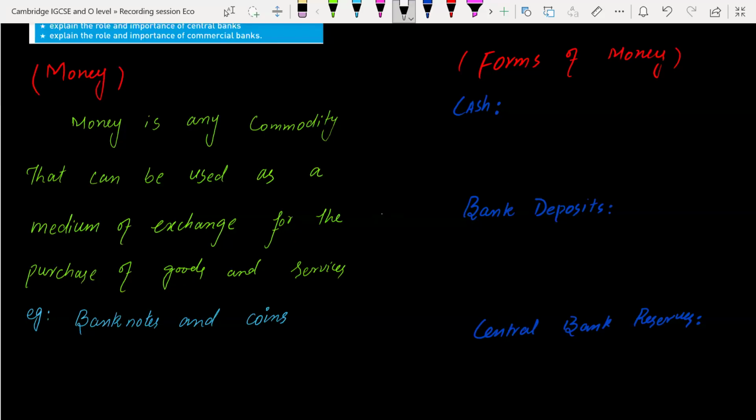Let's talk about the first form, which is cash. Actually, banknotes and coins are a physical form of money.